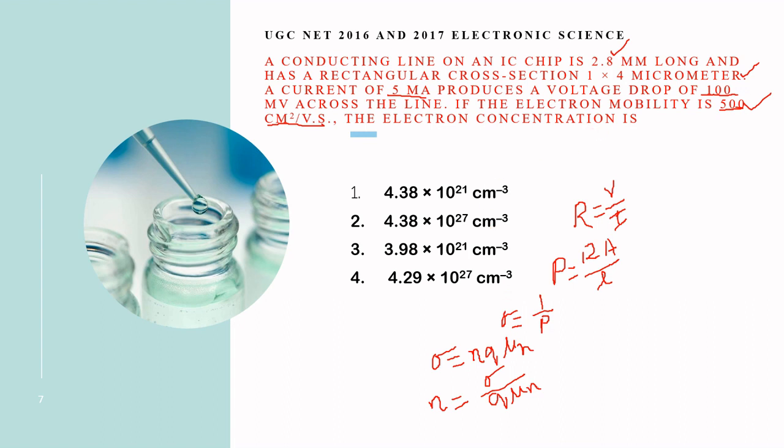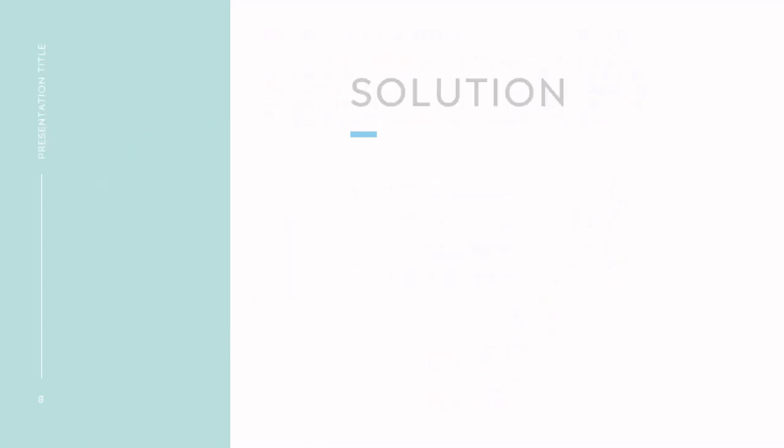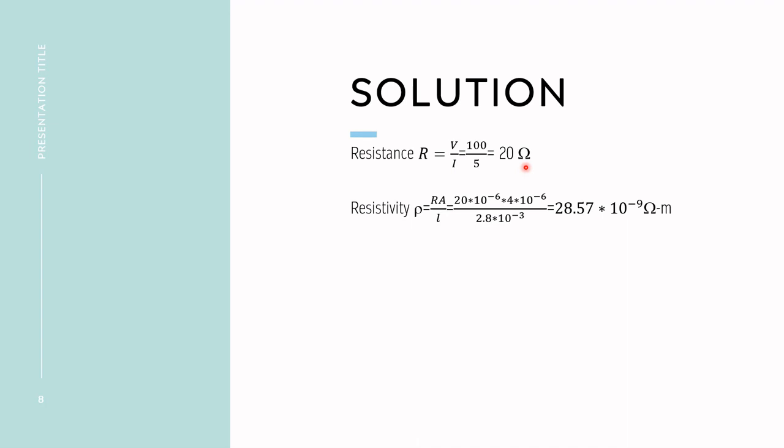So in the next slide we will get the solution. So what is the solution? First of all, we get the resistance R equal to V by I. V is 100 and I is 5. So R is 20 ohm. Then we get the resistivity.